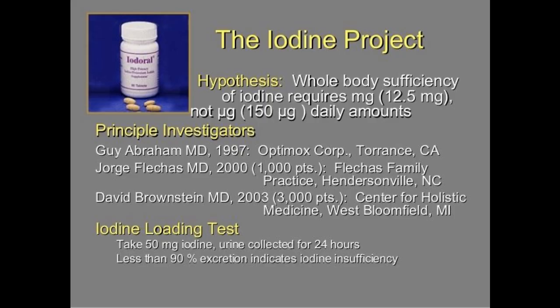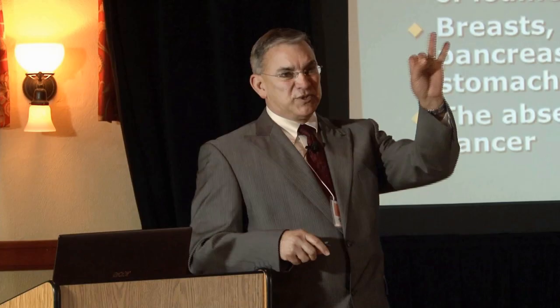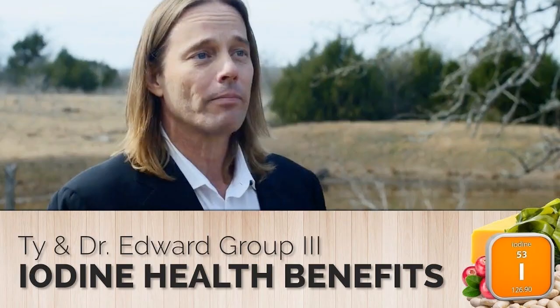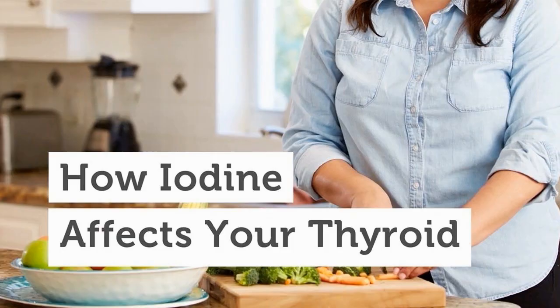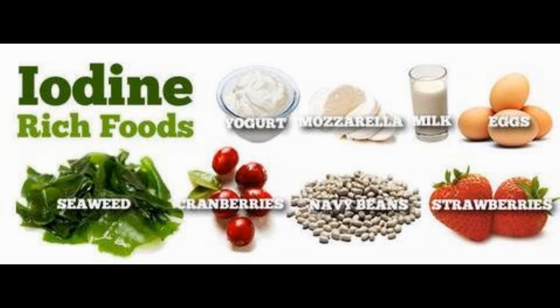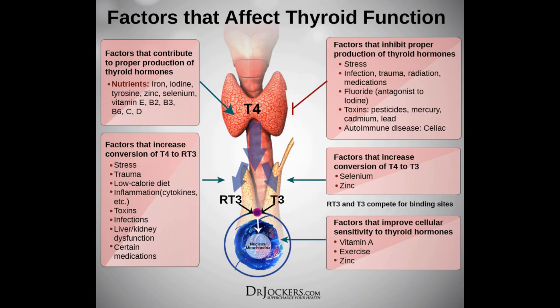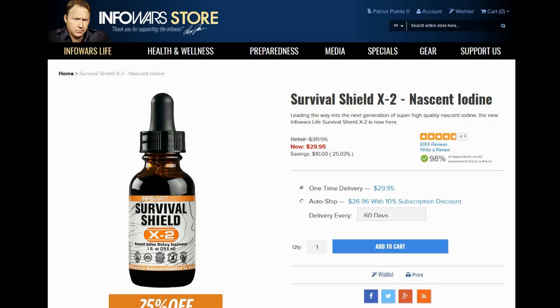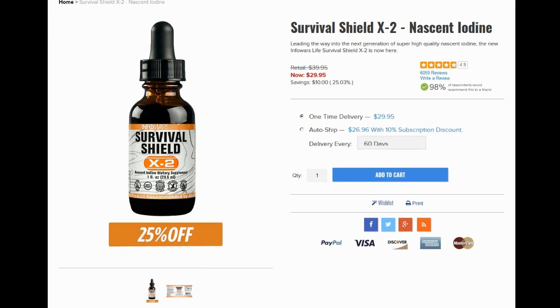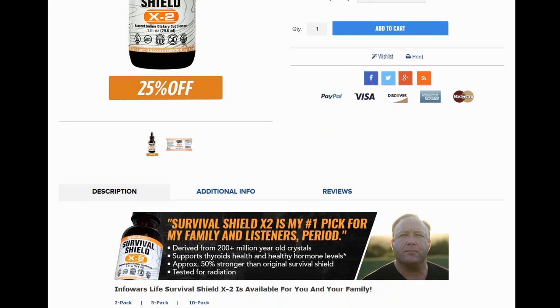Now, one of the research studies that was looked at in the Japanese population showed that in Japan, men hardly ever die of prostate cancer. And it's felt that it's the iodine, and this was research that was done at the Mayo Clinic, showing that iodine is what keeps cancer from spreading, especially prostate cancer.